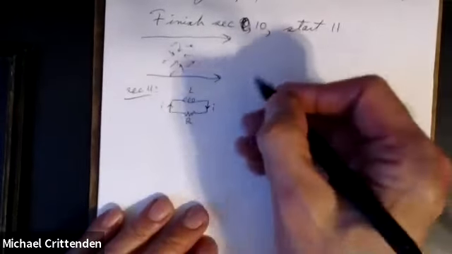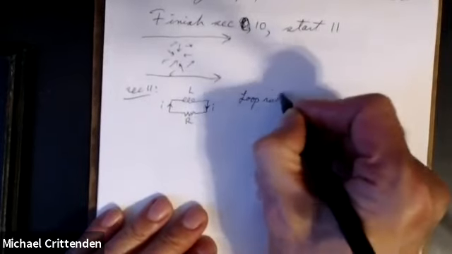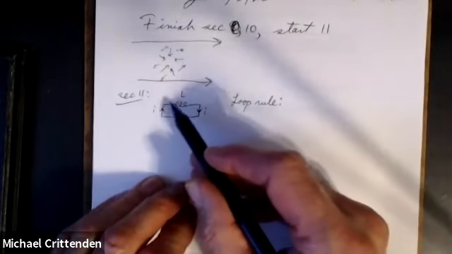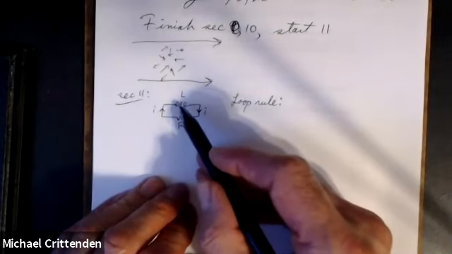The loop rule says that if I add up the voltages around this loop, the total has to be 0.